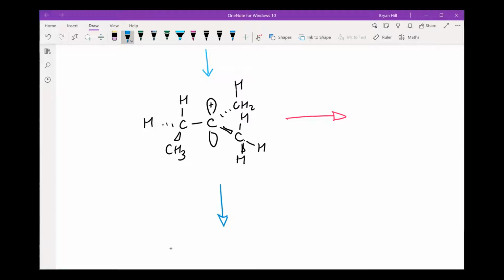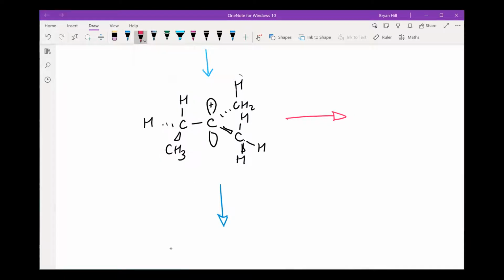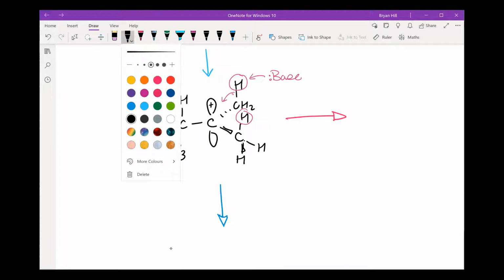So if you remove either of the protons here in pink, so if the base comes along and grabs these, and then these electrons will move there, we'll make the following alkene.